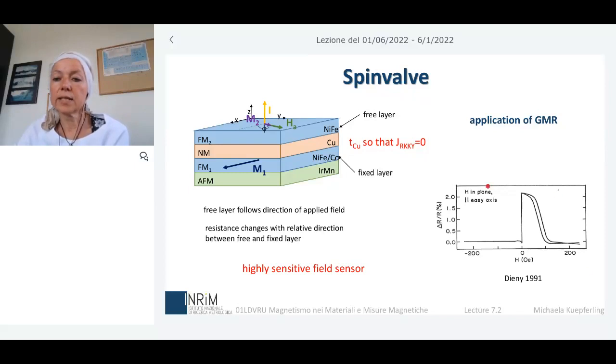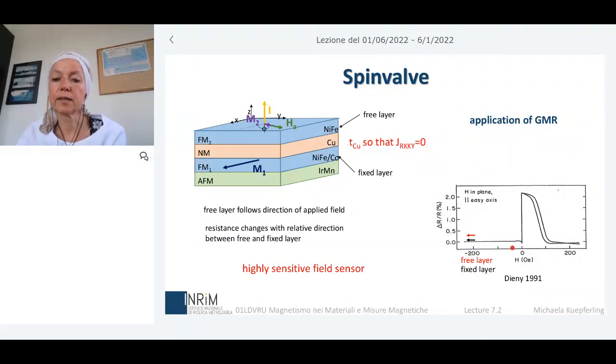Again, you can see here in this paper of 1991, the result of such a resistance measurement. And we see different situations. Let's say here at negative field, we have the free layer and the fixed layer parallel.